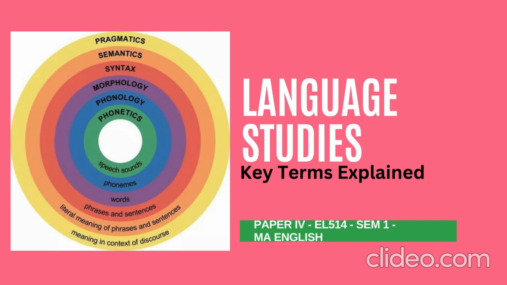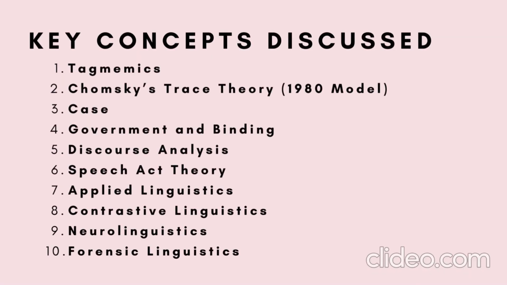So I have included 10 terms which come in unit 7 of this paper, and it includes concepts like Tagmemics, Chomsky's trace theory, the 1980 model, case, government and binding, discourse analysis, speech act theory, applied linguistics, contrastive linguistics, neurolinguistics, and forensic linguistics.